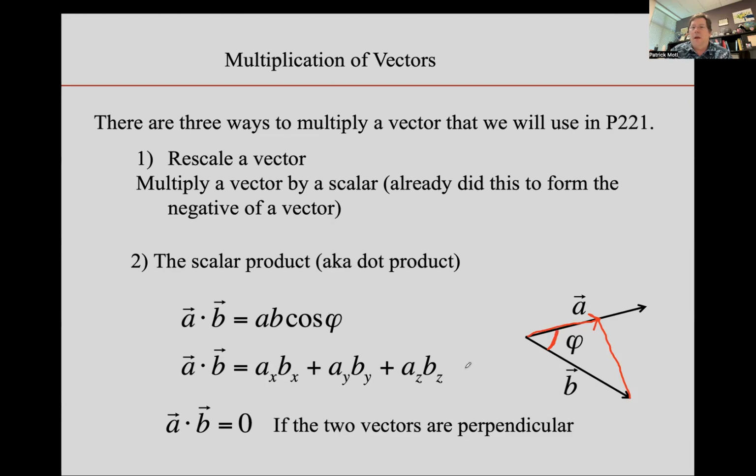Okay. If you have the Cartesian components of A and B, then the dot product A dot B is also equal to the sum of the components products. So A dot B would equal AX times BX plus AY times BY plus AZ times BZ.